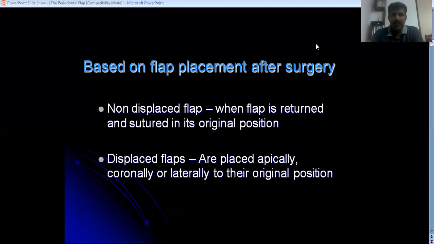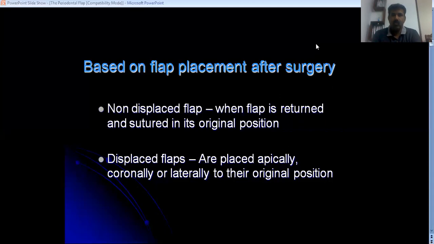Now, the next classification is based on the placement of the flap after surgery. You can do a flap surgery procedure and then return the flap to its original position and suture it. Or you can displace the flap either coronally, laterally, or apically.